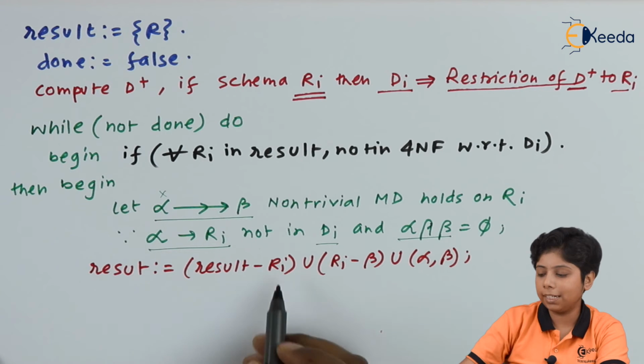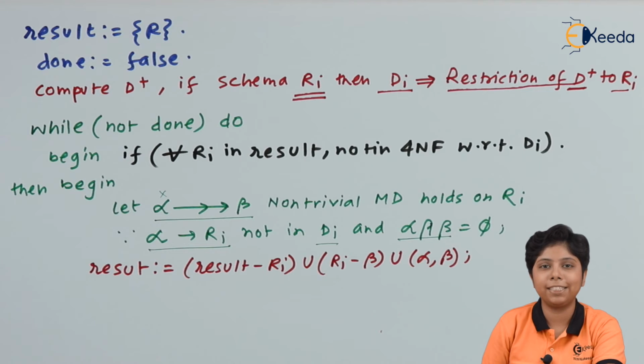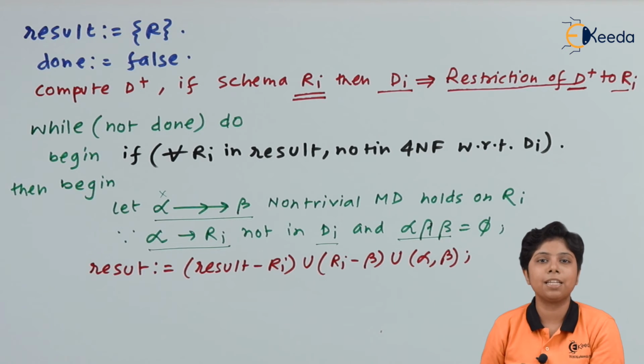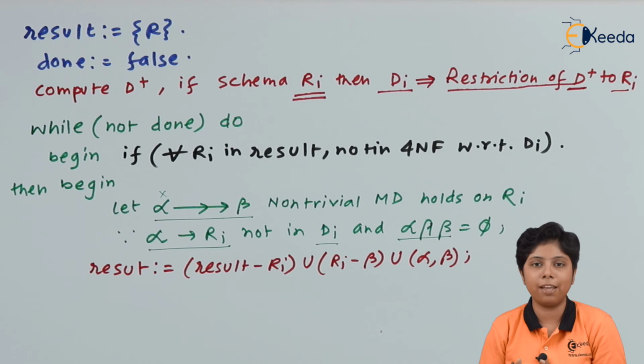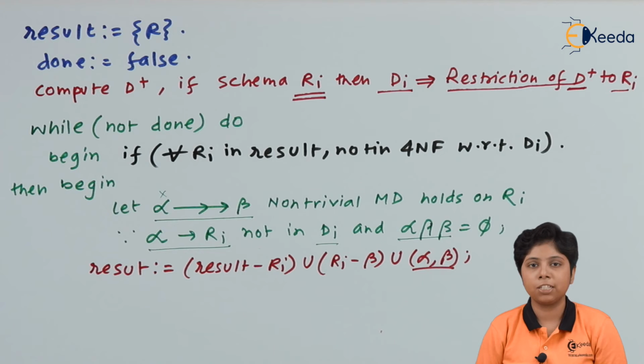Now we can say that Ri is subtracted from result, so that we get ACD. Now Ri minus beta, that means CD is subtracted from it, so A will remain, and the combination of alpha beta will be added. So all will be part of the result, again taken for consideration.